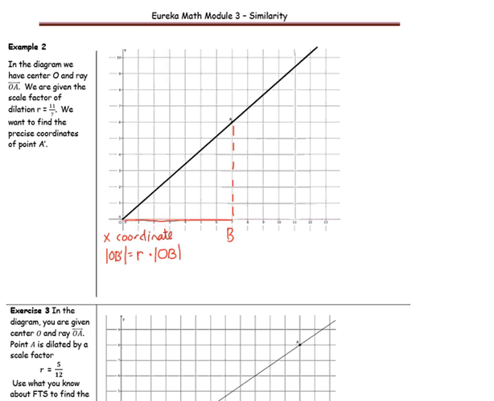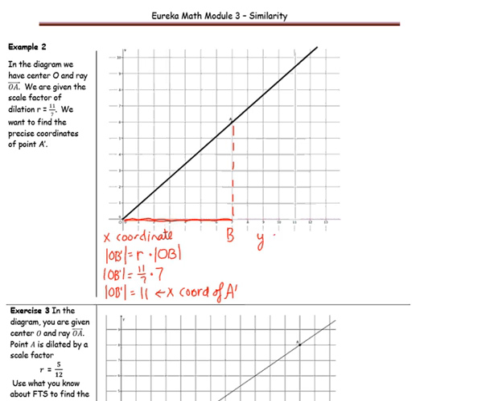We know our scale factor is 11/7, and we know the length of OB because we can count it on the x coordinate. 1, 2, 3, 4, 5, 6, 7. Multiply that, and that will give us the length of OB prime. The length of OB prime is equal to 11. This is our x coordinate of A prime.